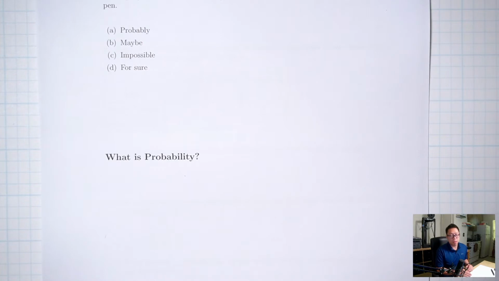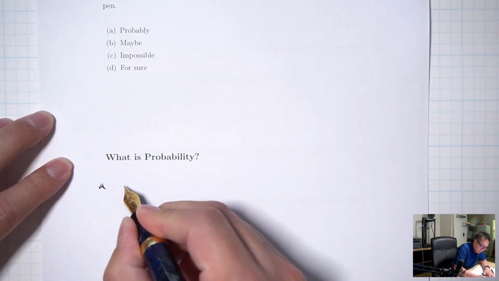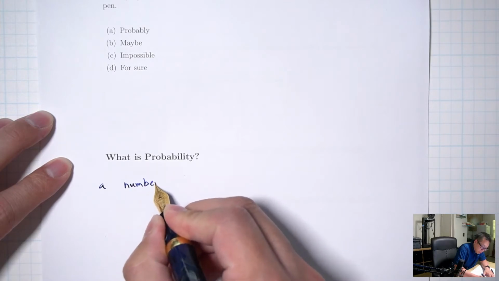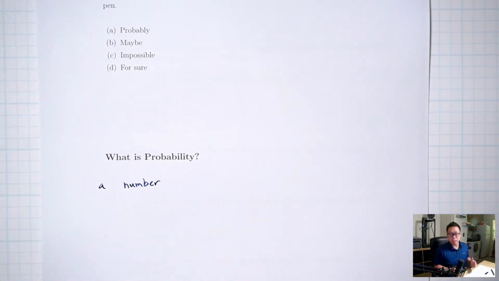What is a probability? A probability is just a number that measures how likely something is to happen.